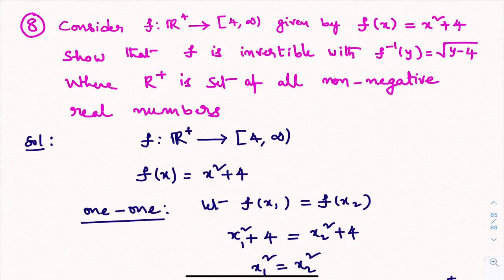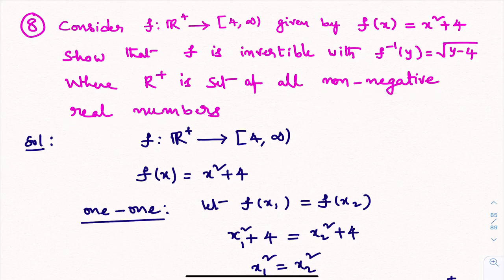And important thing is, what is R plus? R plus is set of all non-negative real numbers. Here generally R plus means we will think set of all positive real numbers, but they are saying non-negative. Non-negative means they are not negative.